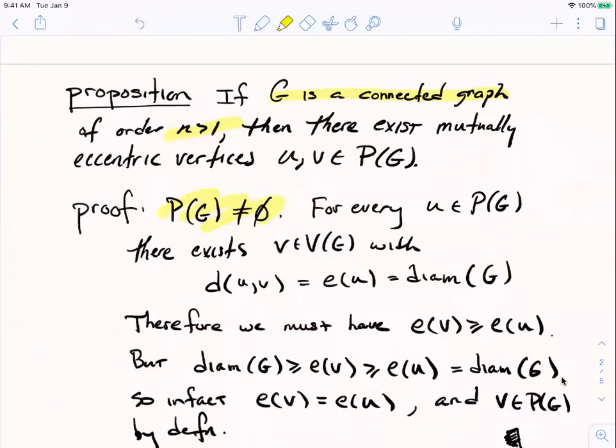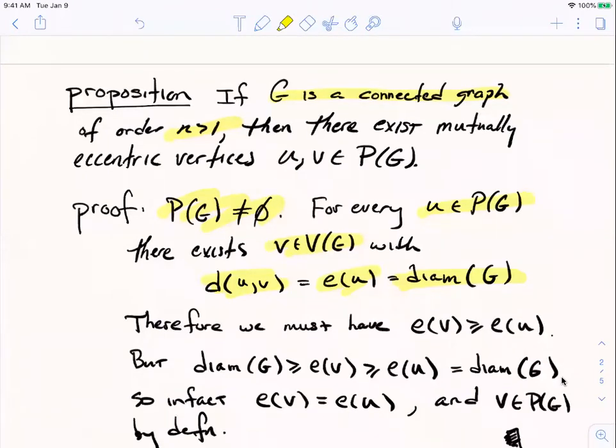And if you pick any point in that periphery, say U, then by definition there has to be some other vertex V in the graph that is eccentric to it, so the distance from U to V is the eccentricity of U. In particular, if U is in the periphery, then that eccentricity is the diameter. So there has to be a vertex that's the diameter away.